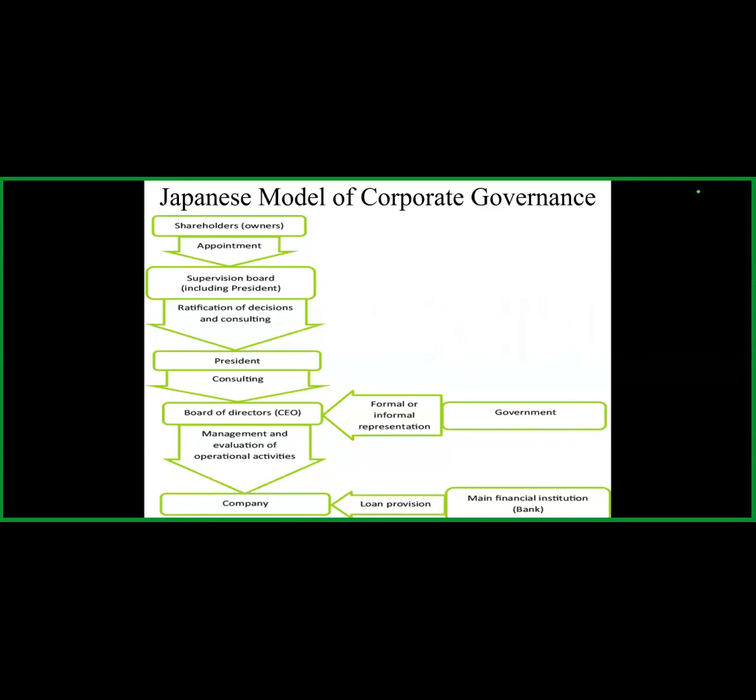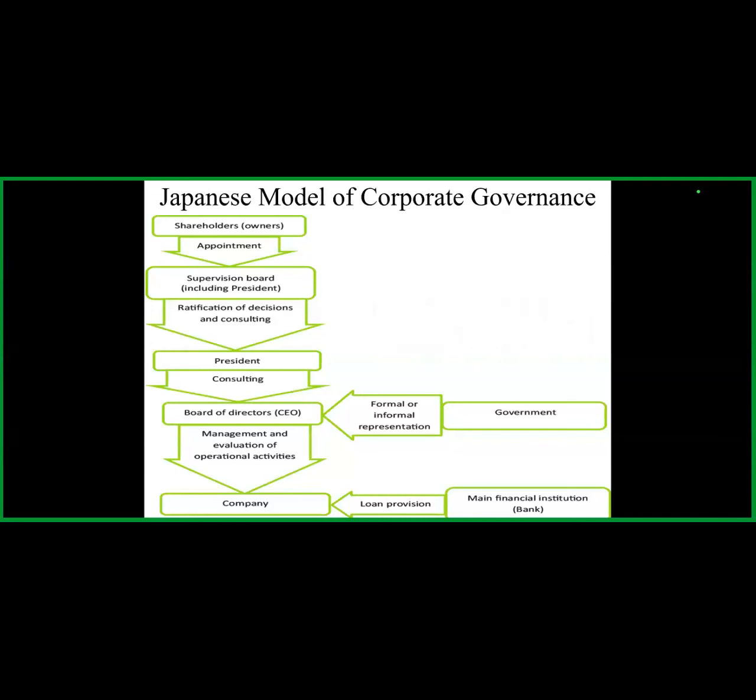Now, ratification of decision, we had already discussed in SEM 1 under legal aspects of business. Ratification means sanctioning the decision, approving the decision. Whose decision are they approving or sanctioning?